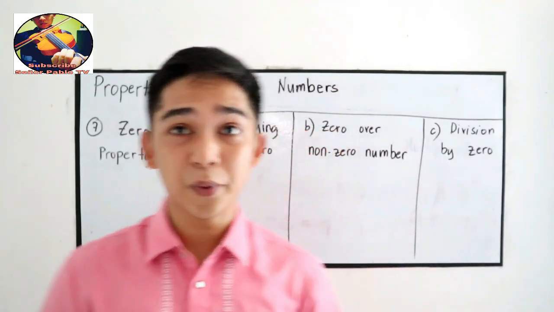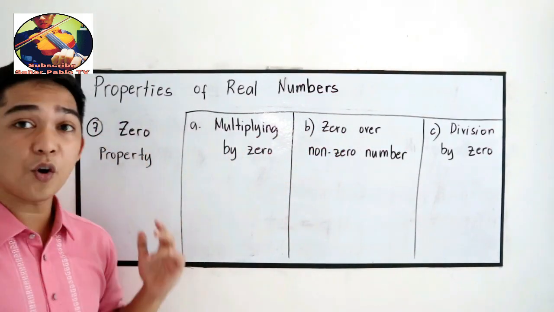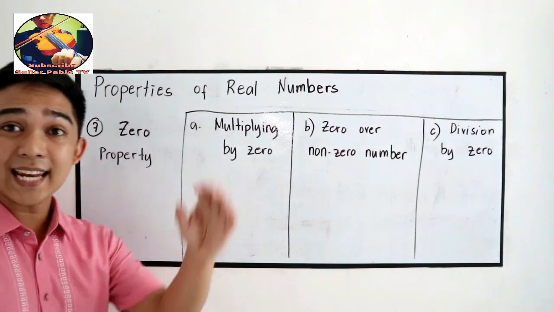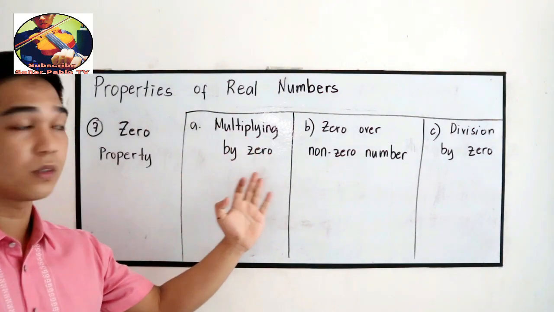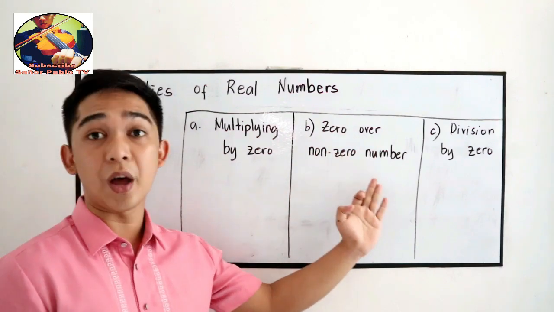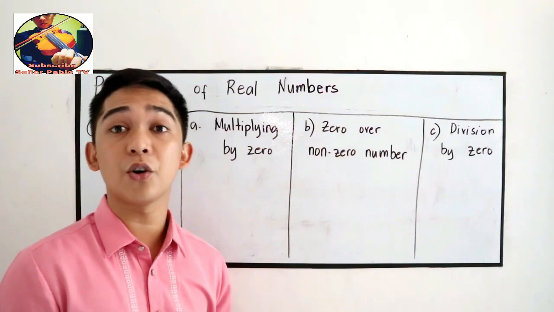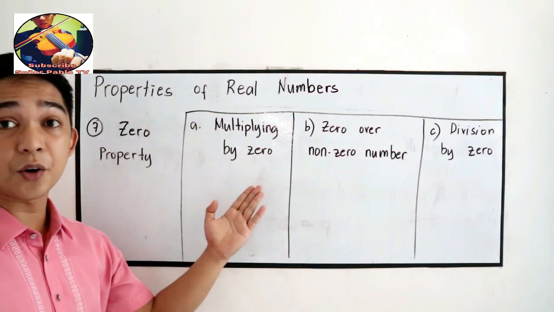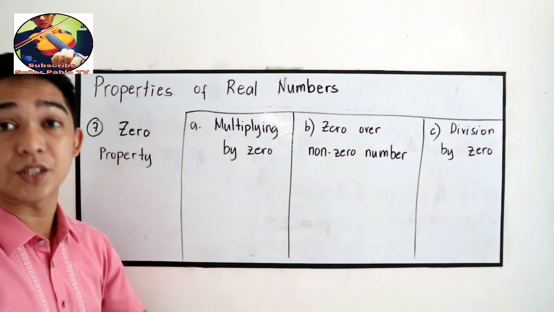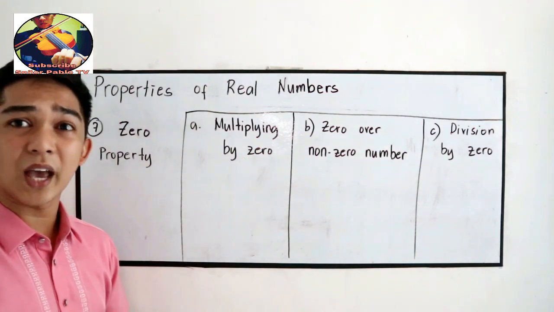And our last property, we have the zero property. Hahatiin natin siya into 3 parts. We have the multiplying by 0, 0 over non-zero number, and division by 0. So, start tayo sa letter A, zero property, the multiplying by 0. So, mag-multiply daw tayo ng 0.